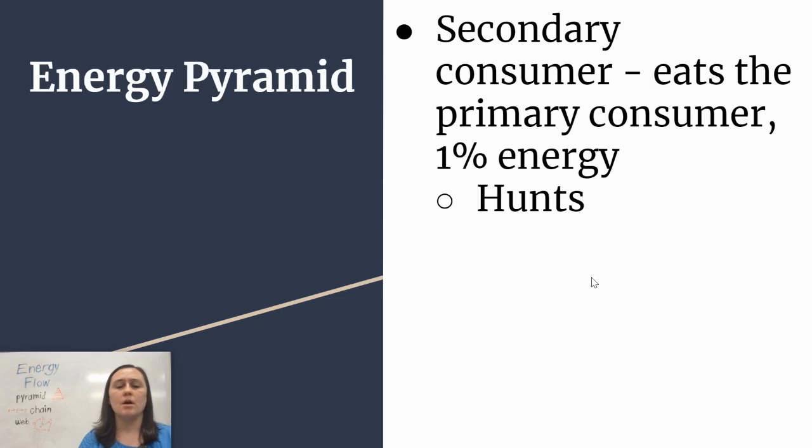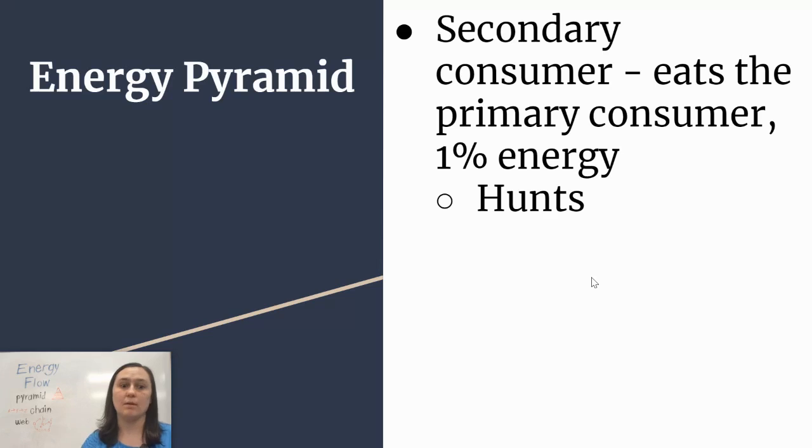Think about this too. The primary consumer, let's say it is a rabbit. The primary consumer is going to find the producer to eat. If there's a rabbit out in a field, it has its choice of which grass blade to eat. There's grass everywhere. The secondary consumer, let's say it is, I don't know, a snake.